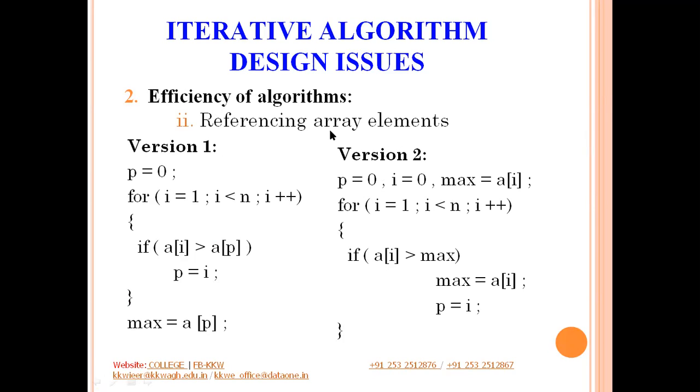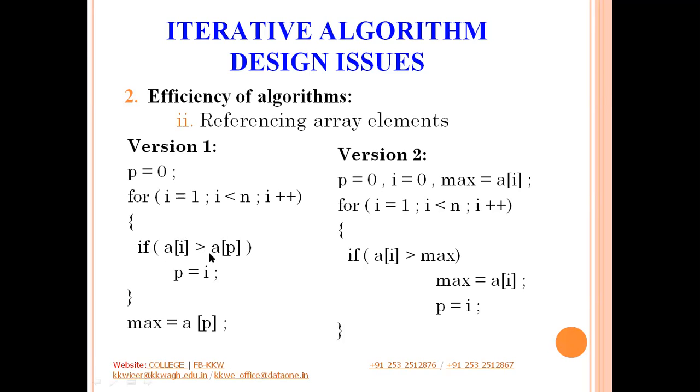The topic is related to referencing of the array elements. Remember, whenever you are using an array reference, that means you are using the concept of indexing. Here you are indexing the array twice, that is, you are using two array references, once for a of i, another time for a of p.